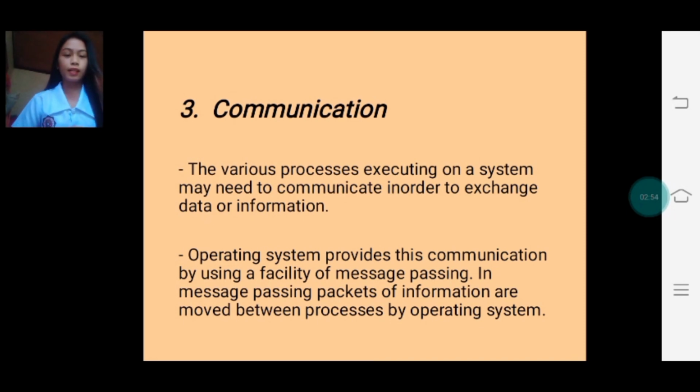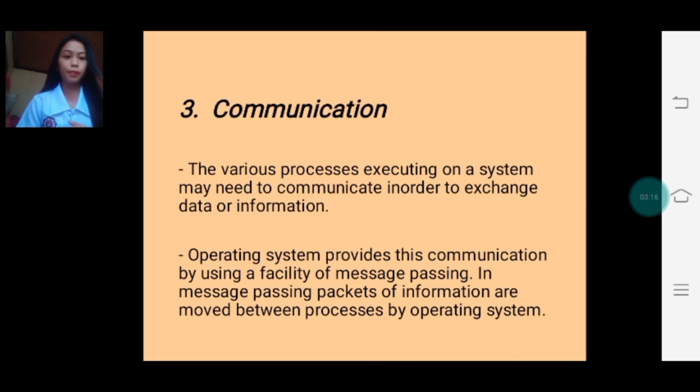So last is the communication. The various processes executing on a system may need to communicate in order to exchange data or information. So the operating system provides this communication by using a facility of message passing.